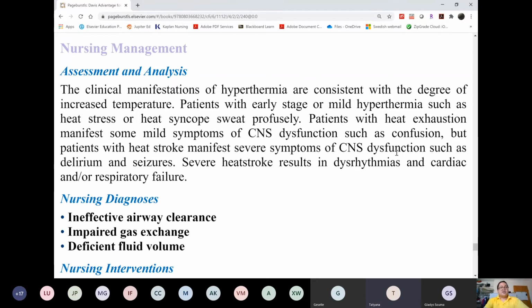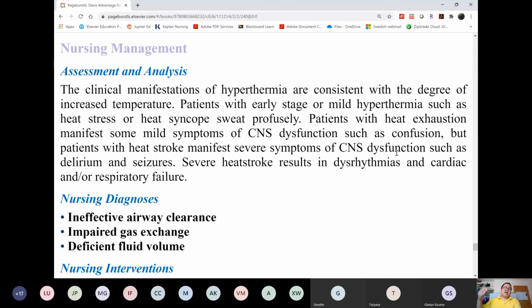So here, in hyperthermia, the temperature rise here, the set point never changed. Your set point, your thermostat in your body, was still at normal 98. It's just that either in exertional hyperthermia or exertional heat stroke, your muscles were just exerting for such a long time that you produce so much heat and energy.